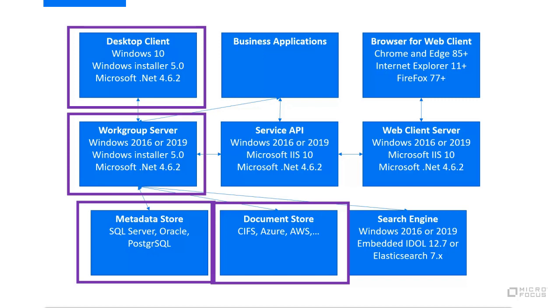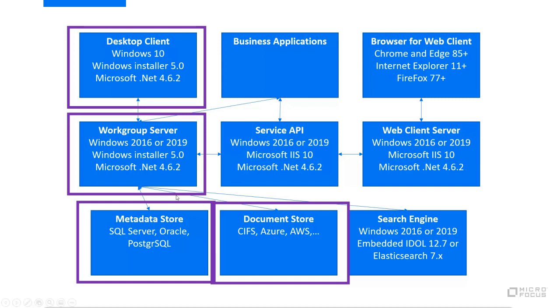We will start with installing the workgroup server. Here it is, and activate the license, register the service account, register the workgroup server as well in the configuration, initialize the metadata in the database to have a database created for Content Manager, and we will also connect to a document store in order to be able to store the electronic documents.